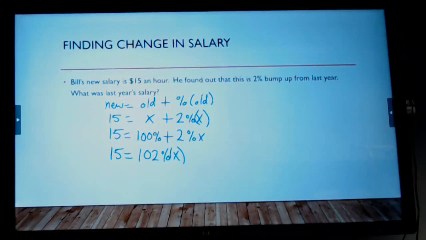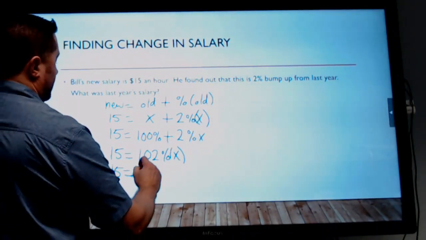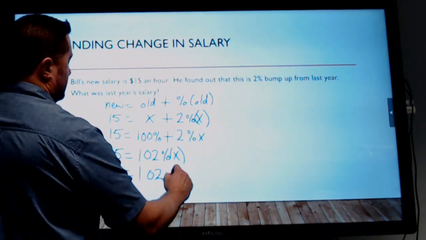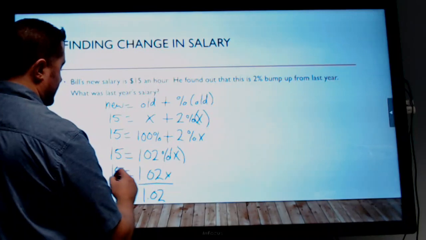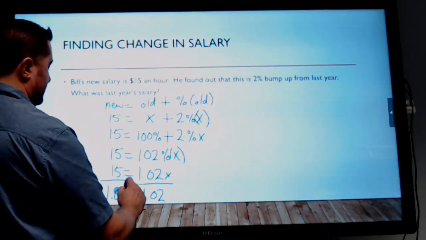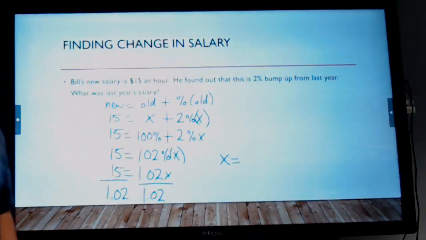So now we take the percent and make it a decimal. We get 15 equals 1.02x. And then to find x, divide both sides by 1.02. Since x is his old salary, what was it?